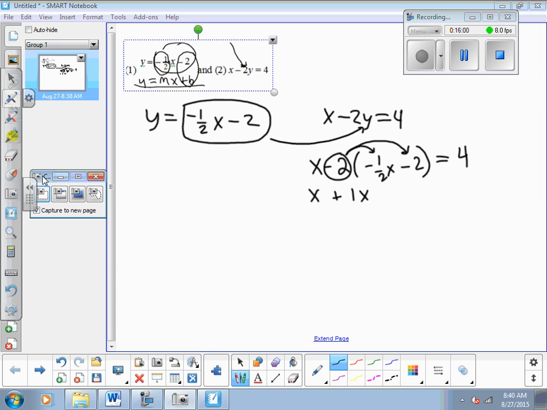X. Negative 2 times a negative 2 is a positive 4. Equal to 4. All right, now I know this looks pretty simple, but if I've lost you, let's say something to me, okay? You see where everything has come from now? It's starting to look like, wait, that looks really easy.